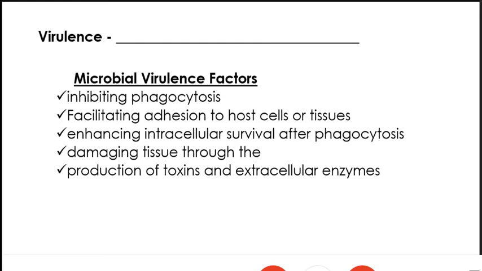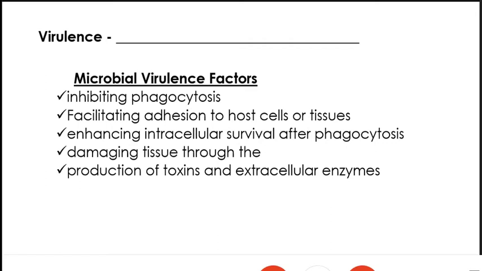Ma'am, let me just try, ma'am. Okay, that's fine, try. Define virulence first. Virulence means, ma'am, the ability of a microorganism to resist the immune system or decrease the effect of the immune system toward the pathogen, ma'am.